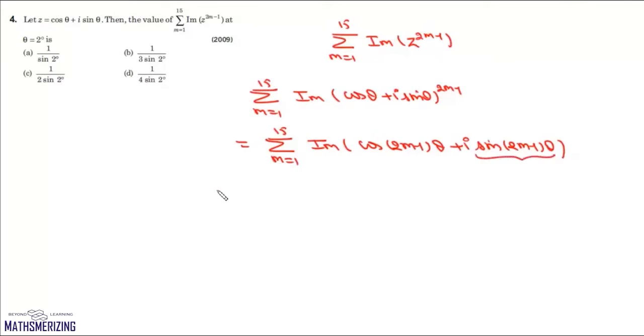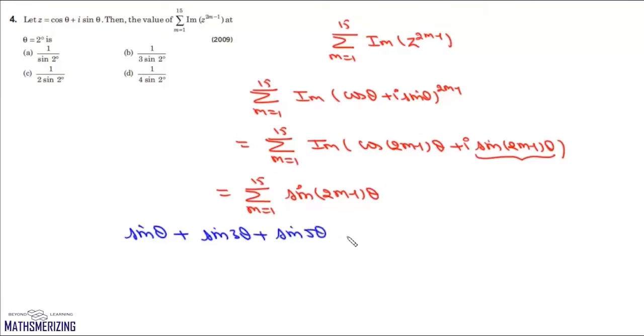So we can write this summation as summation m varies from 1 to 15 sine 2m minus 1 theta. Now we'll expand this series. This series becomes sine theta plus sine 3 theta plus sine 5 theta up to 15 terms.